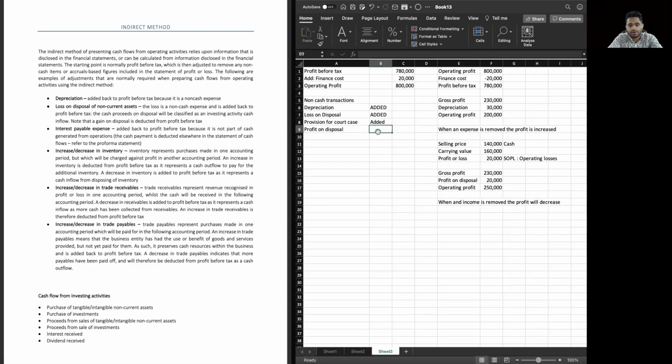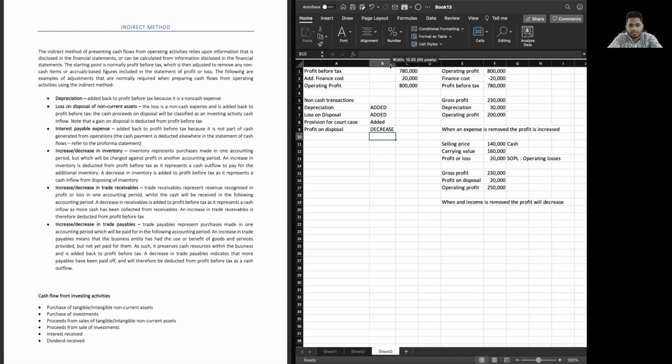So if there is a profit on disposal, you will decrease. In summary, guys, non-cash expenses are going to be added and your non-cash incomes are going to be removed.